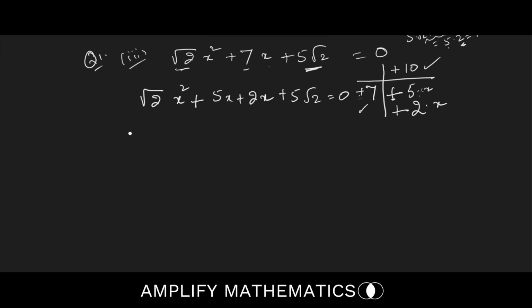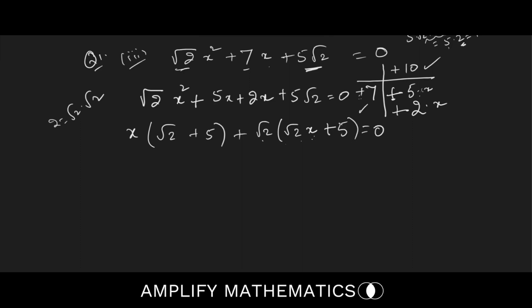Okay, so now here let's take x as common. Root 2 plus 5 plus, since 2 can also be written as root 2 into root 2, we can take root 2 as common here and we will get root 2x here, because root 2 into root 2x is 2x, plus 5 is equal to 0.